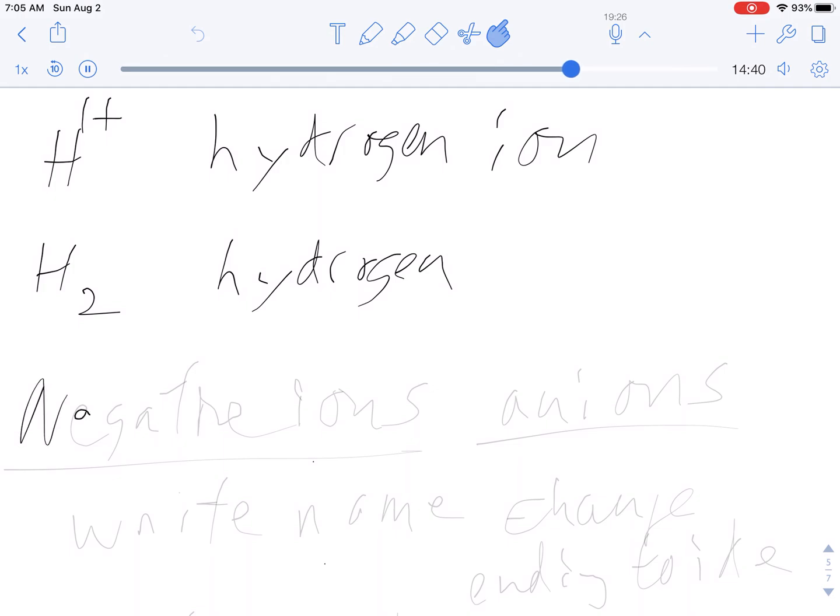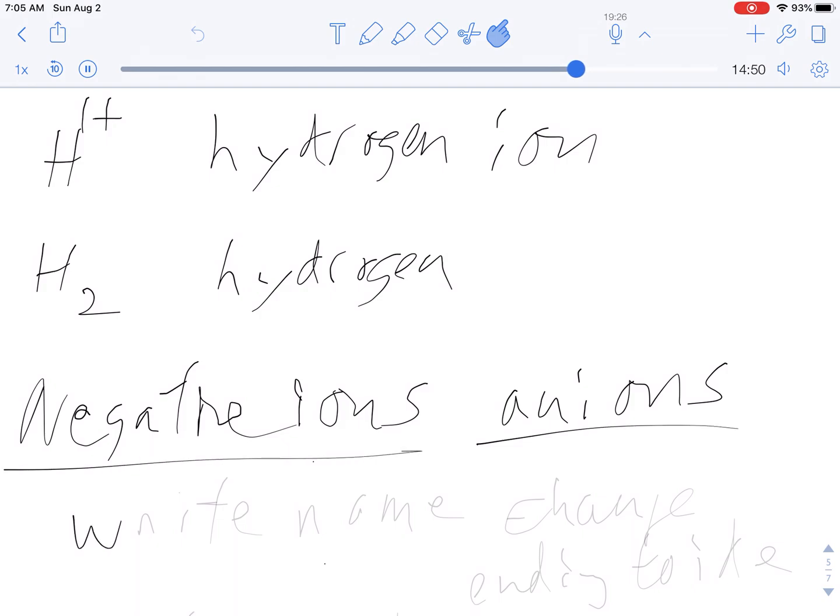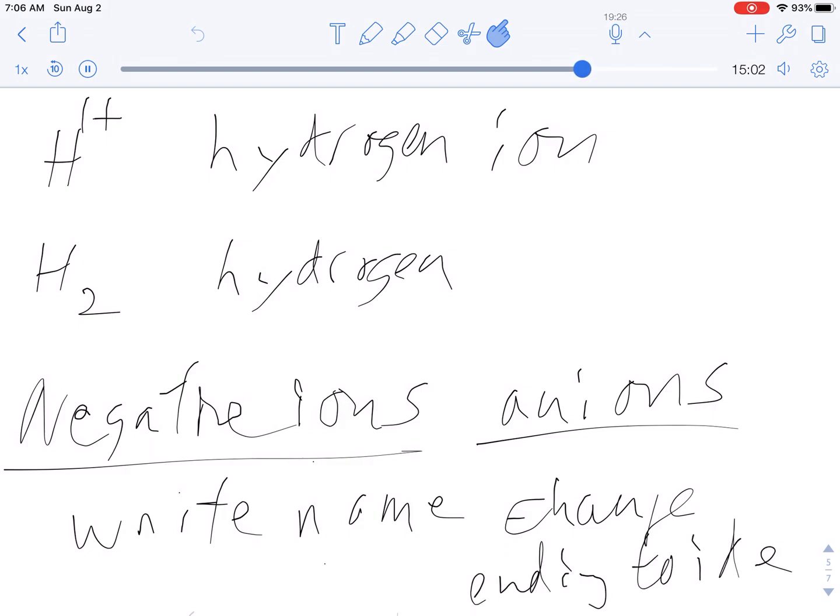So what about the negative ones? The negative ions we call anions. Okay? And here you write the name, but you change the ending to IDE, and then write the word ion.